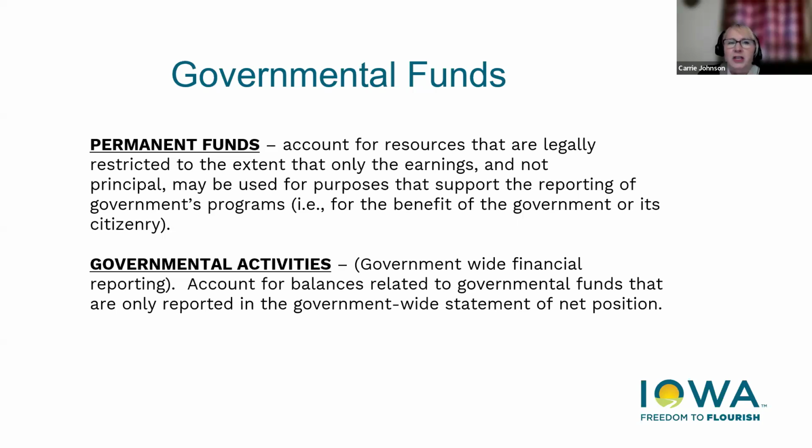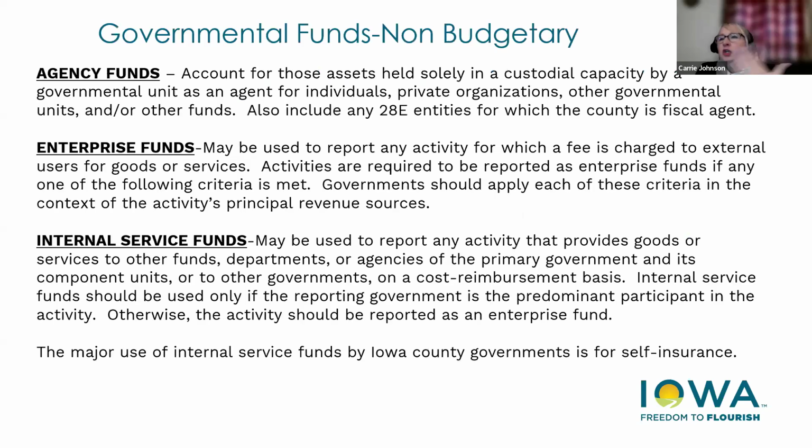And then governmental activities, this is really for your government-wide financial statements, and it's only reported typically in that audit, and it's not something you're going to see necessarily within the budget itself. Again, you have non-budgetary funds, not part of the Board of Supervisors budget. Agency funds, like I said, anytime that you're serving as the accountant for another organization.